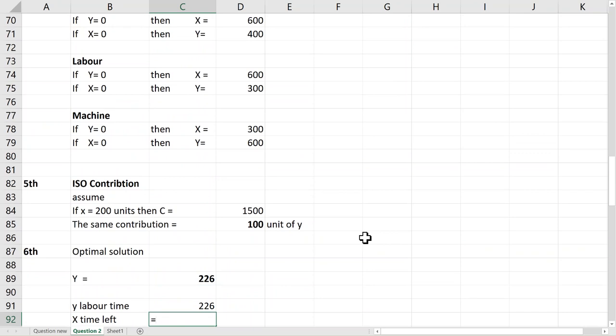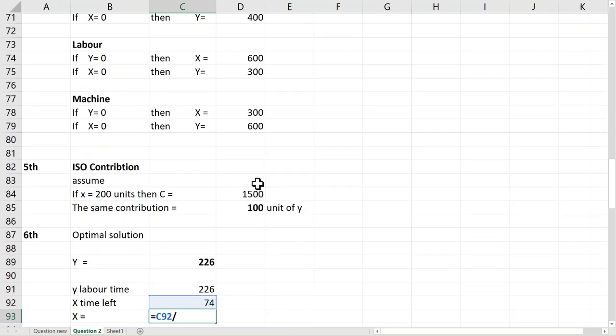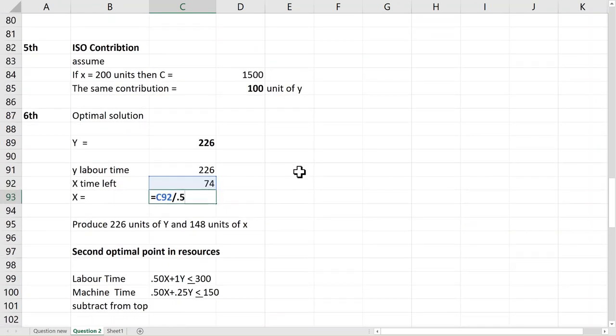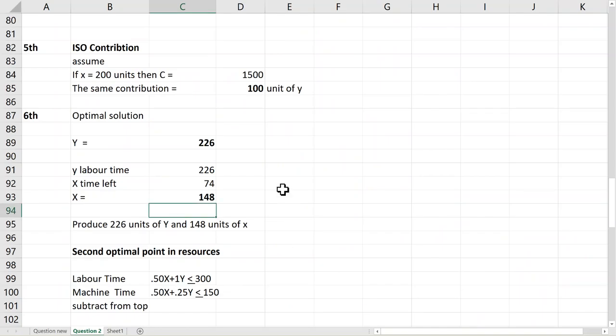So the remaining total is 300, so 74 would be left. So if we take 74 divided by half, it becomes 148, about near 150. So it means our calculation is right.